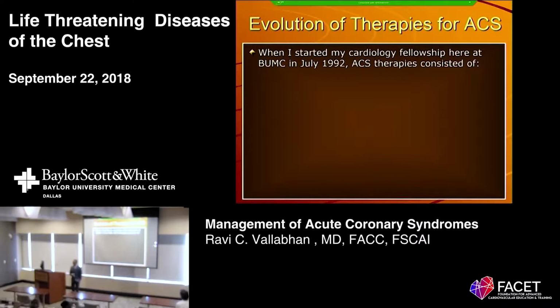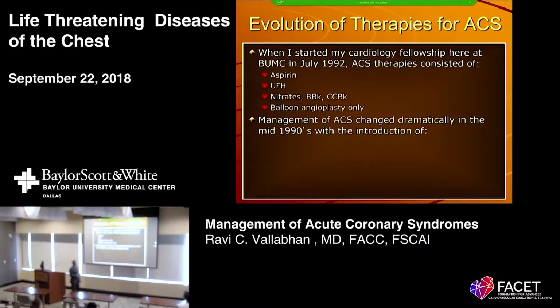I've had the luxury, because I've been here for a long time, of seeing the evolution of therapy. When I started in 1992, our armamentarium for treating ACS patients, whether non-STEMI, unstable angina, or STEMI, was basically aspirin, heparin, nitrates, beta blockers, and calcium channel blockers, and let me tell you, those outcomes were not good. In the 1990s, several things really changed the landscape of management of ACS.